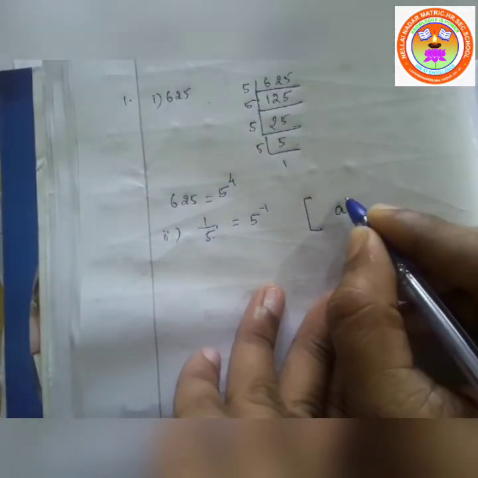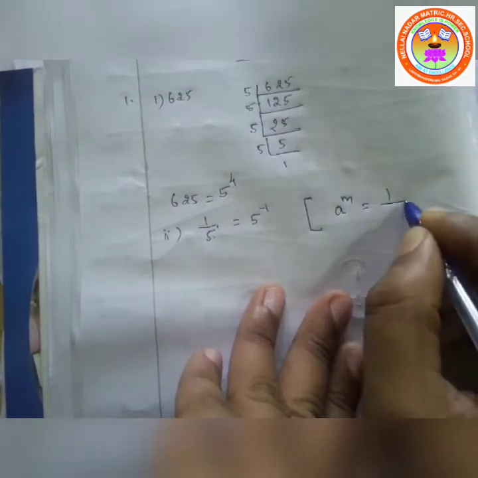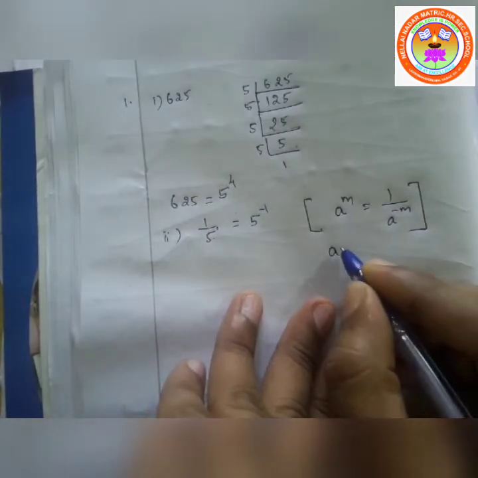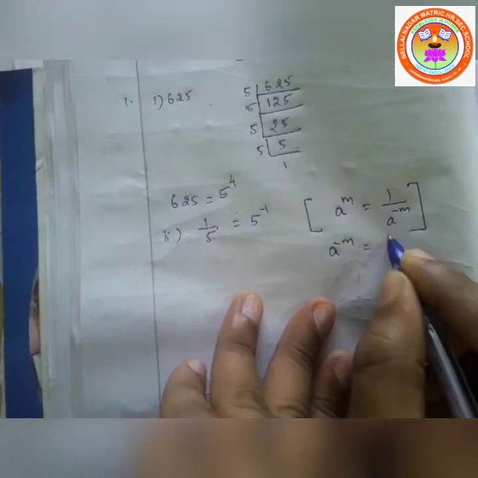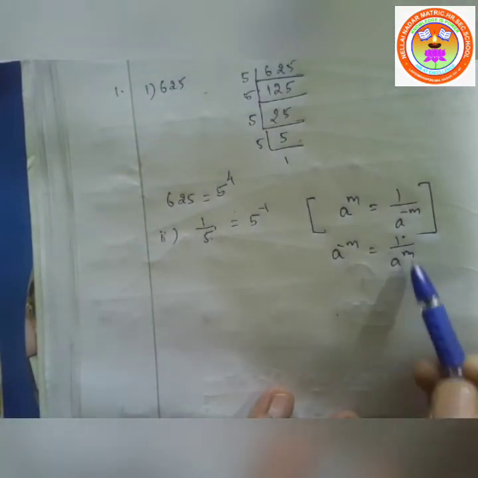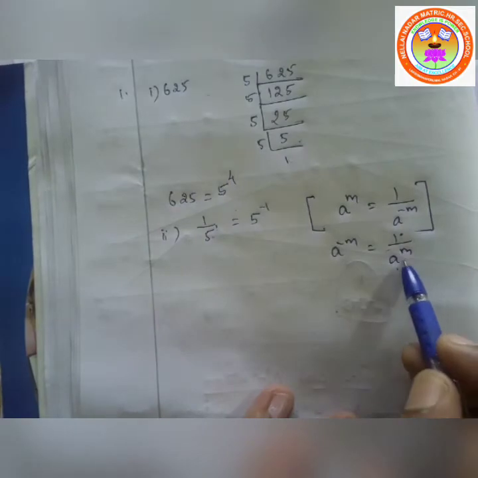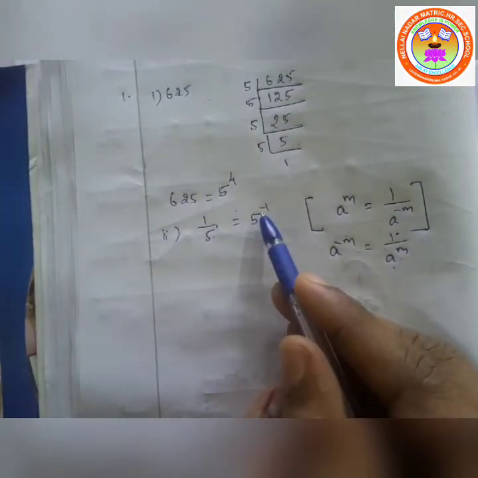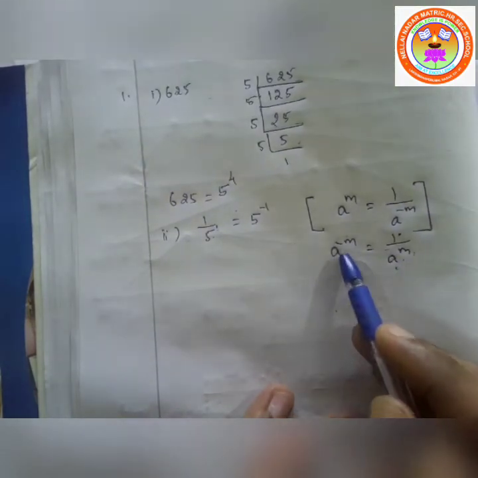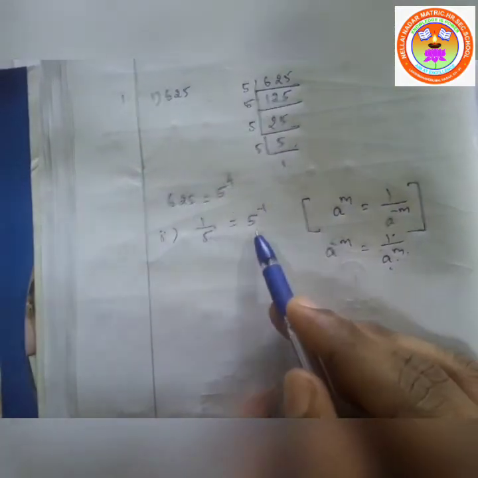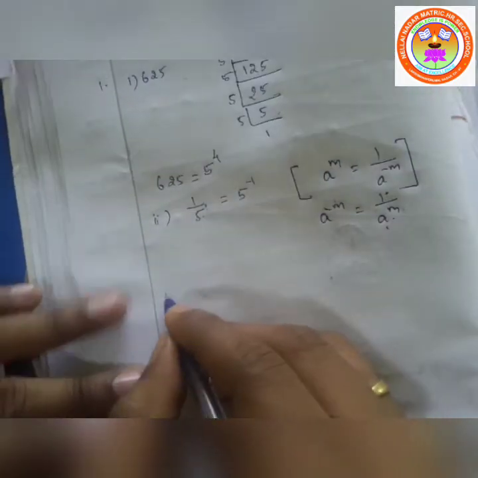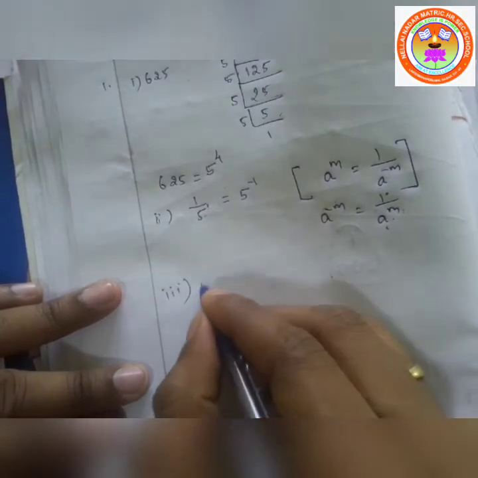A power m is equal to 1 by a power minus m, or a power minus m equal to 1 by a power m. Both are correct. Here I use this one only. So 1 by a power m, here the power is 1. So 1 by 5 power 1 we can write as 5 power minus 1. And also it is in the format of 5 power n. The third subdivision, root 5.